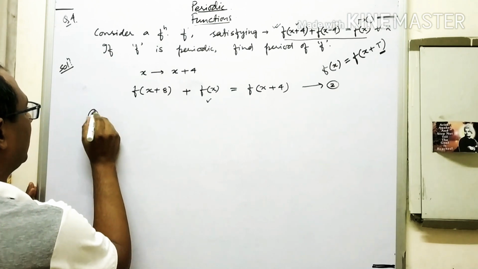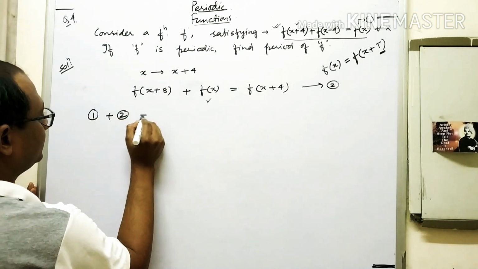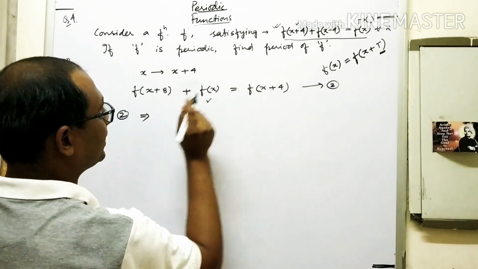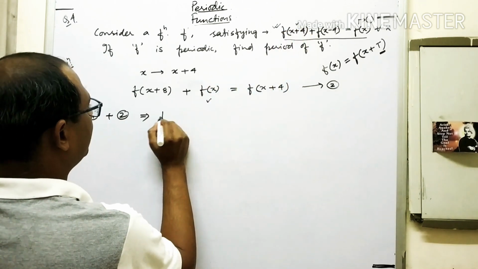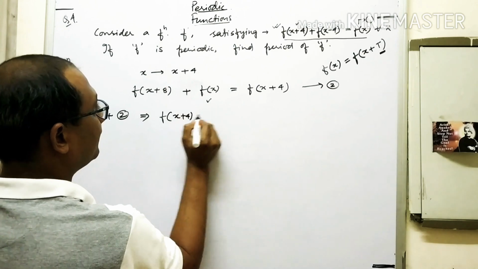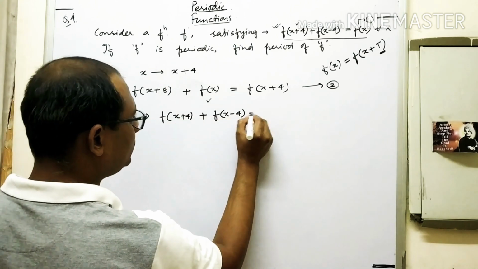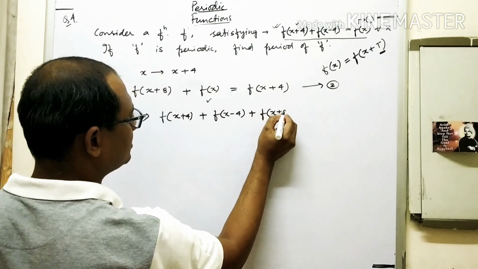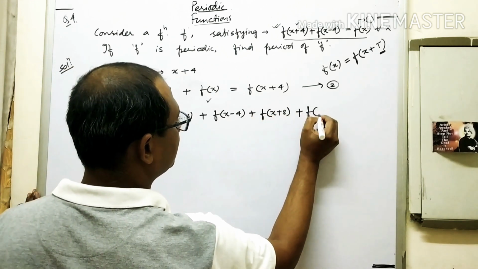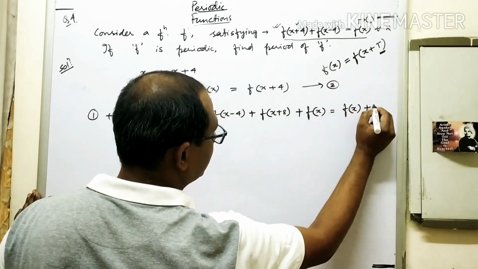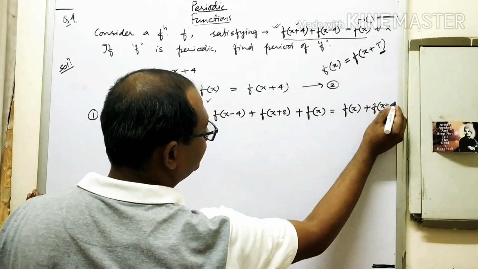Adding 1 and 2, I get f of x plus 4 plus f of x minus 4 plus f of x plus 8 plus f of x on the left, and on the right hand side f of x plus f of x plus 4.